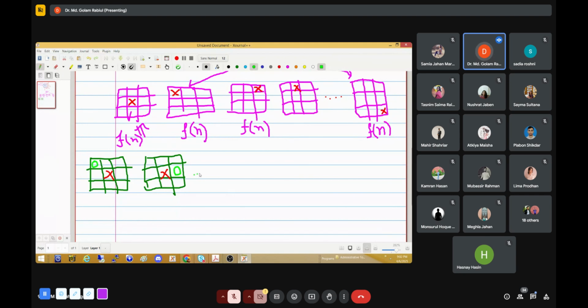In this way, we can consider also several states. Okay, that means from here we can maybe get several states.